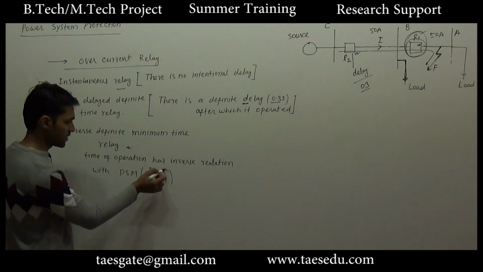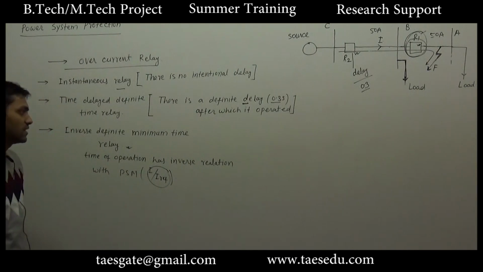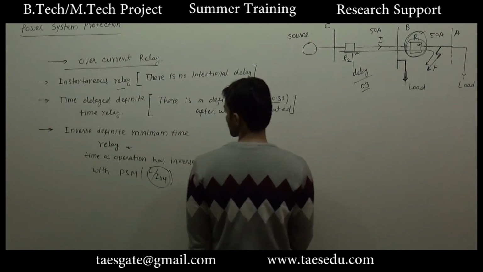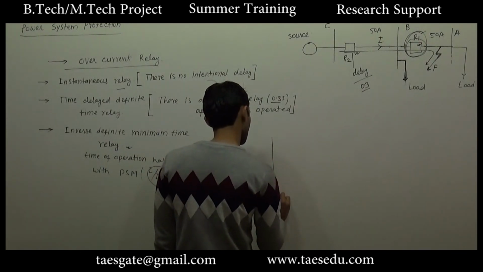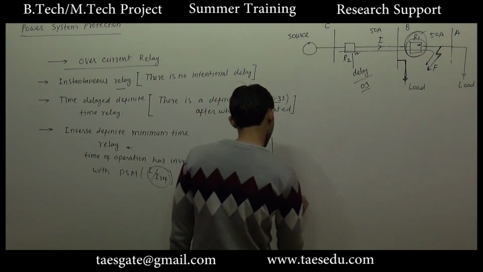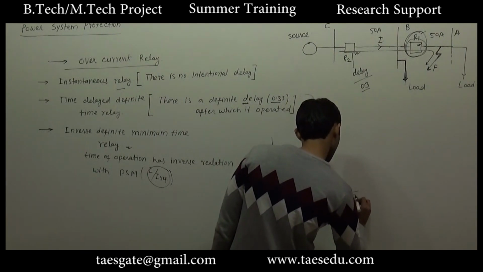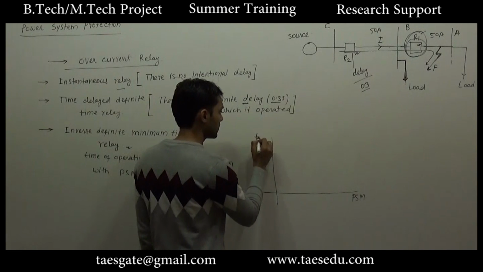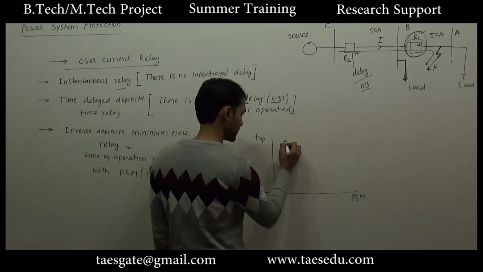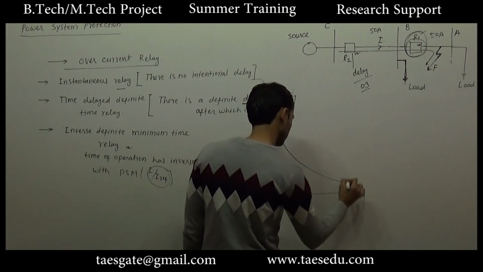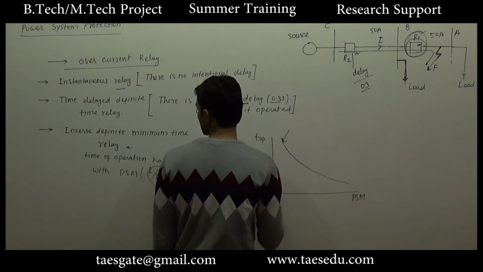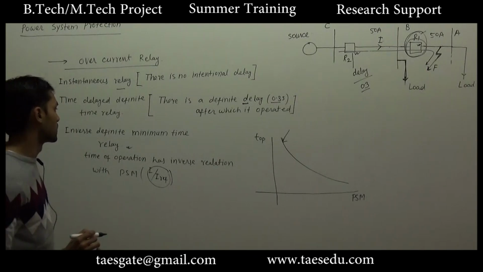If this ratio is high, the time of operation will be less. So for this type of relay, on the x-axis, let's say we have plug setting multiplier, and here we have time of operation. We will get this kind of curve. This is for the inverse definite minimum time relay.